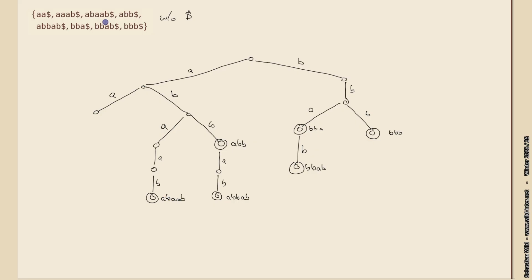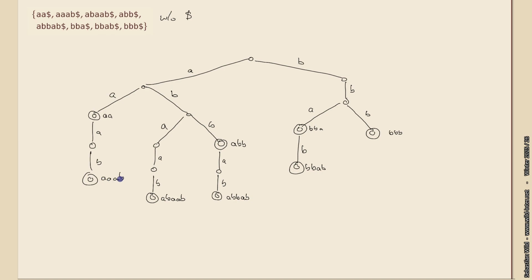And then we're almost done. AA is accepting. That's the first string. And then another AB, and then we're there. That's AAA, triple AB.